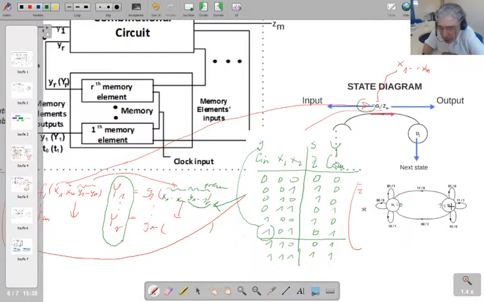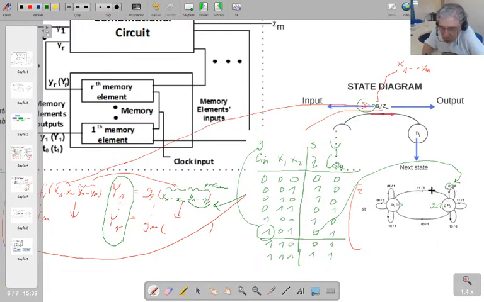So I am here, small y. And my input is 0, 1. My output is 0, that's my output. My next state is 1. So present state is 1, next state is 1. So this circle comes back.